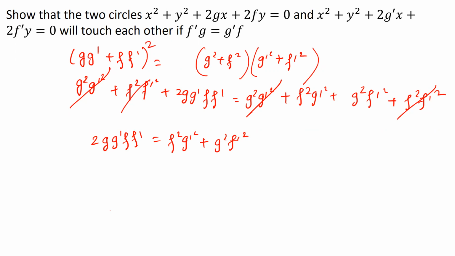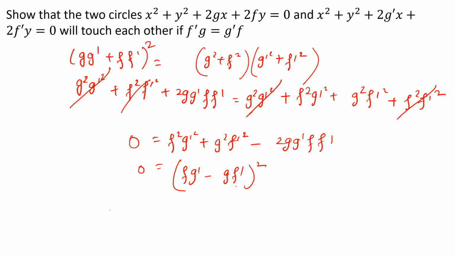If I take this term to the left hand side, what I get is 0, and here I have the square of f g dash minus g f dash the whole squared.